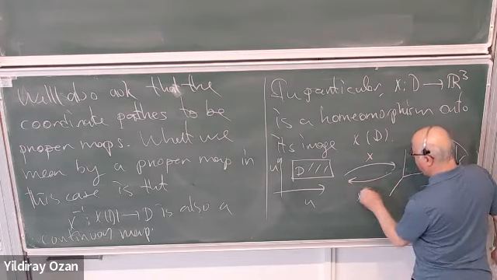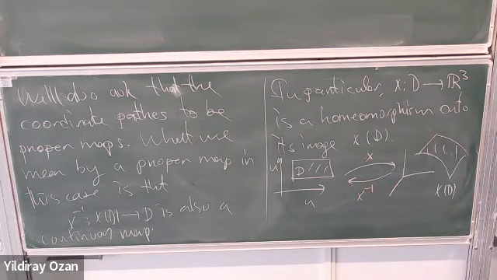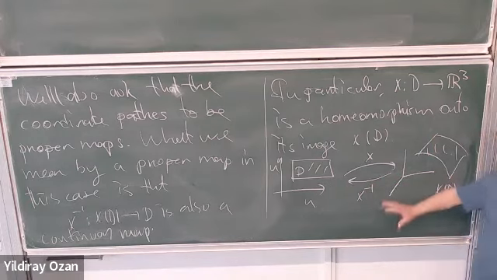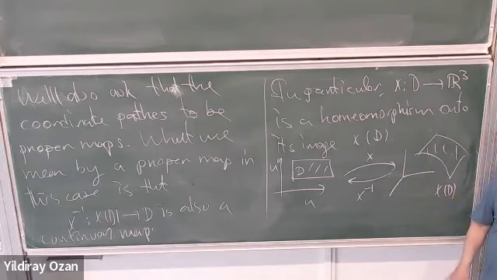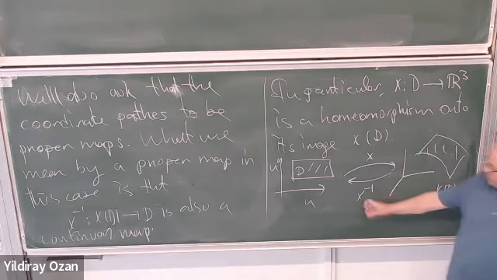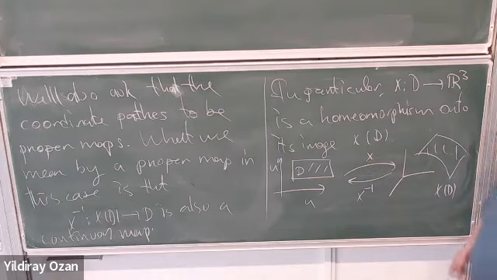Okay, it has an inverse, and the inverse function is also continuous. Okay, that's the assumption for a coordinate patch. We assume that these so-called coordinate patches are homeomorphisms onto their images.